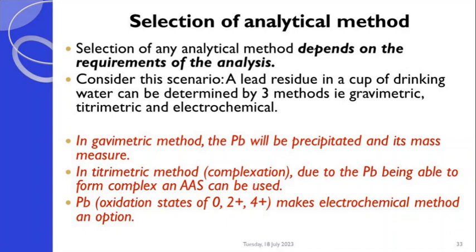Here we are saying that the first thing of importance when choosing or selecting an analytical method is the requirement of the analysis. What is the kind of requirement that the analysis seeks?